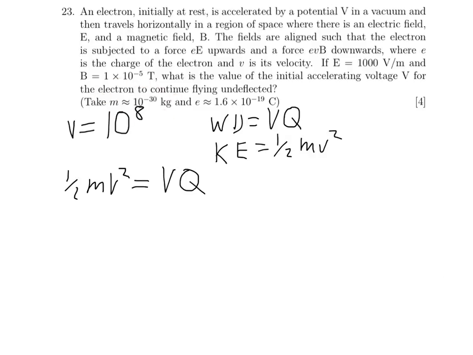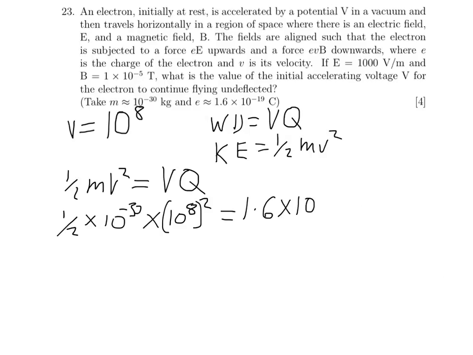So if we equate those two, we get half mv squared equals the voltage times the charge. So we've got half times the mass of the electron, which is approximately 10 to the negative 30, and the velocity we found a moment ago was 10 to the 8 meters per second, so we'll take that velocity and square it. The charge on the electron is 6 times 10 to the negative 19 coulombs, and we're trying to look for V, that voltage.